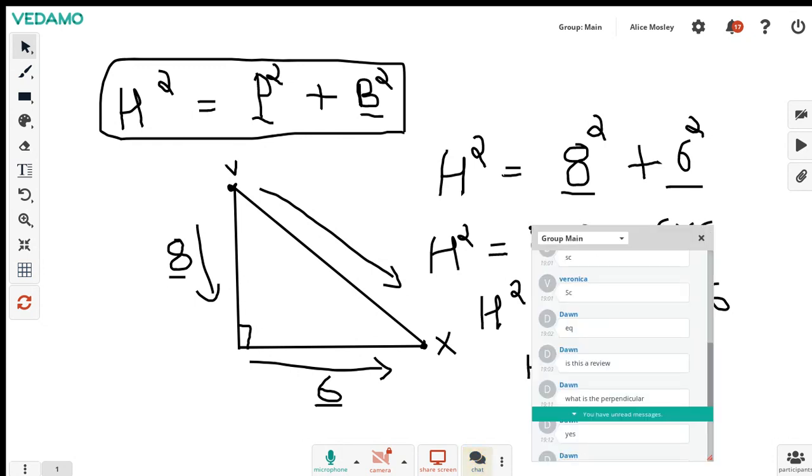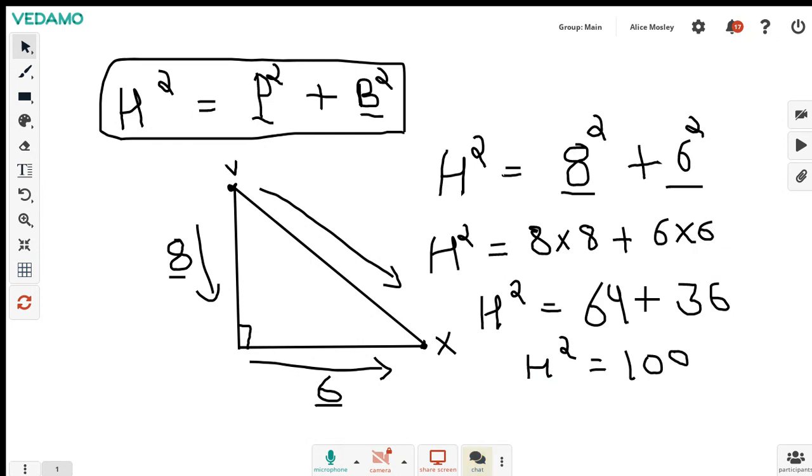Okay. So here it was h raised to power 2. So we know the value of h raised to power 2, but we don't know what h is. You multiplied both of them, and then you added the two.